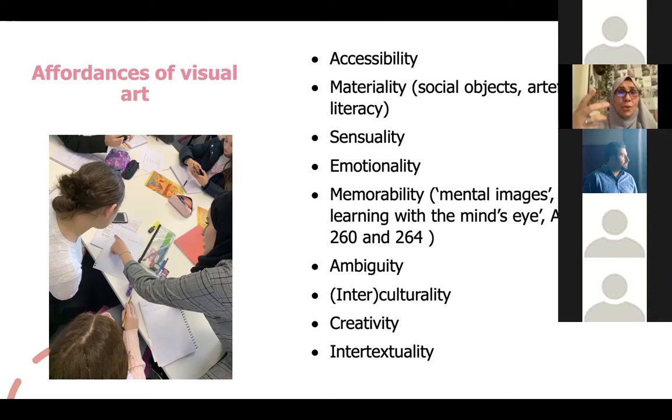So this emotion, the affective, which is emotionality, plus the symbolic, is really important because it is the area of language and language learning that has been neglected very much in methods and pedagogy.